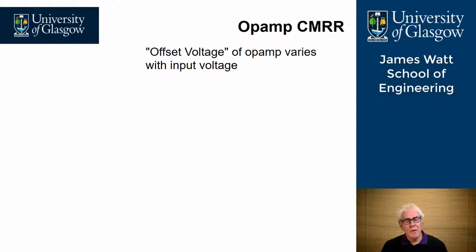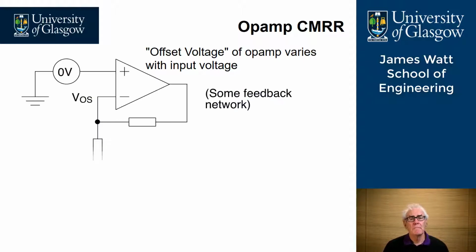So let's look at the general specification of op-amps. With all op-amps, the offset voltage, although in the datasheet it is stated as a fixed number, actually varies with the input voltage of the instrumentation amplifier. Here we have a perfect amplifier. We have a 0-volt input signal, and the offset voltage would effectively appear at the non-inverting input.